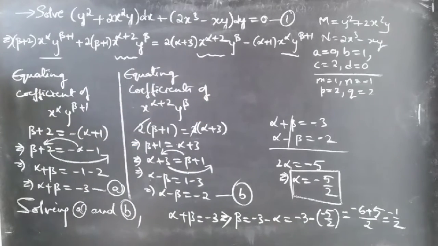So therefore beta is minus 1 by 2. Therefore alpha equal to minus 5 by 2, beta equal to minus 1 by 2. Now we got alpha and beta, and let's now find the integrating factor by substituting alpha and beta in x power alpha and y power beta.